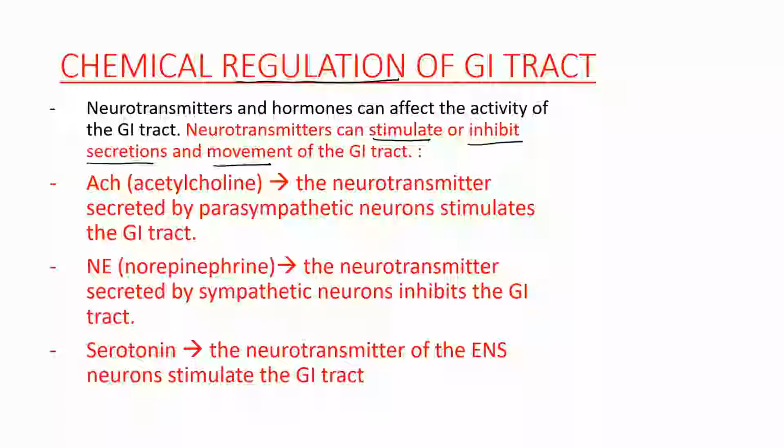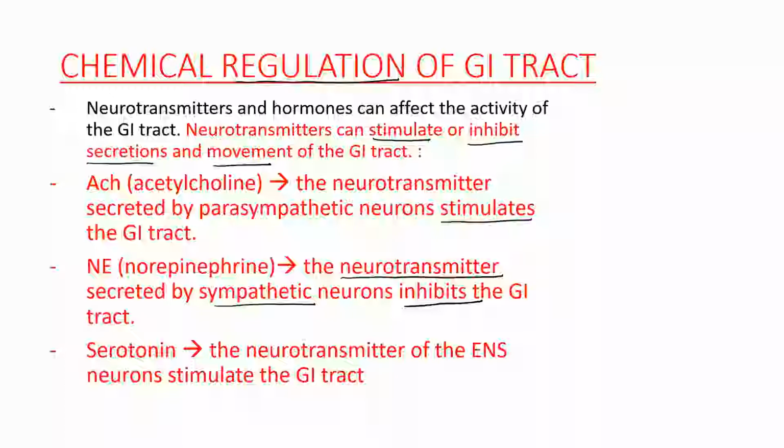Acetylcholine, which is the neurotransmitter secreted by the parasympathetic nervous system, stimulates secretion and movement of the GI tract. On the other hand, norepinephrine, which is the neurotransmitter secreted by the sympathetic nervous system, is going to inhibit secretion and movement of the GI tract.